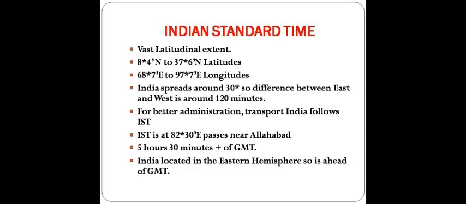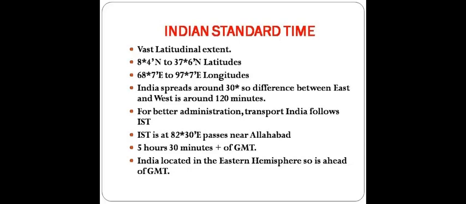This IST is located at 82 degree 30 minutes east. Again I'll repeat, 82 degree 30 minutes east, which passes near Allahabad. India is also 5 hours 30 minutes ahead of GMT.